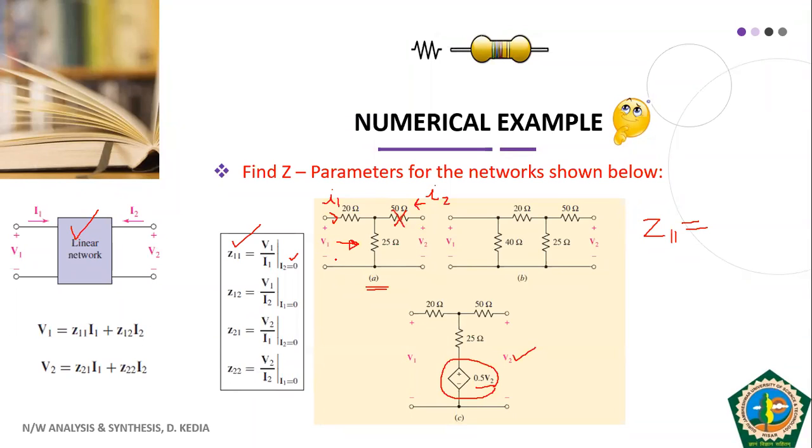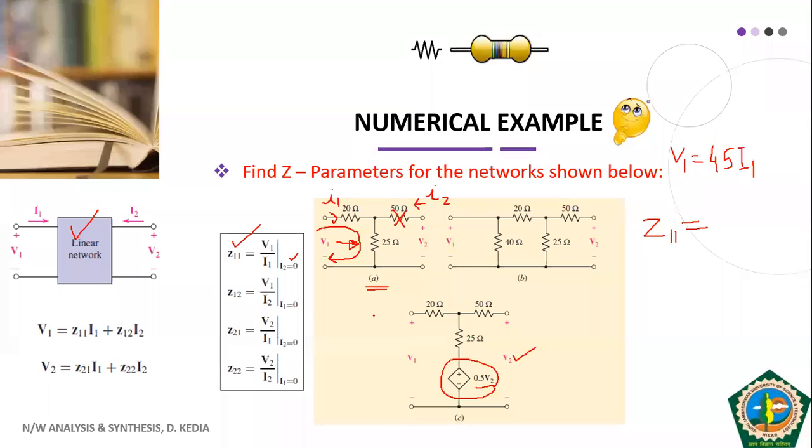Applying KVL, V1 is equal to 20 I1 plus 25 I1 because I2 is 0. So V1 equals 45 I1.